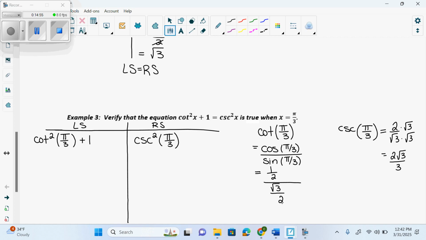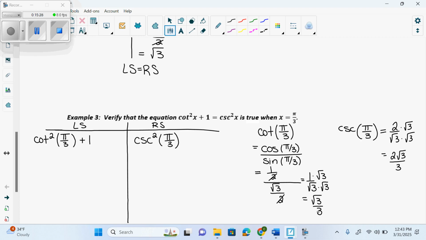If the numerators cancel off, you have to leave ones behind. If the denominators cancel off, they just cancel off. So I'm left with 1 over root 3. What do I have to do with that? Rationalize. So I'm going to get root 3, and so I get root 3 over 3. Does that make sense what we did there?